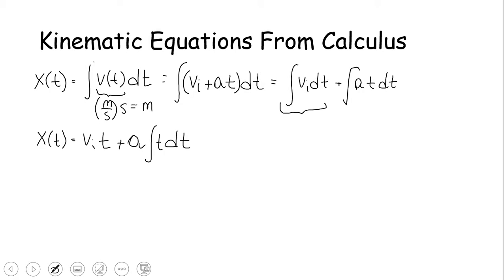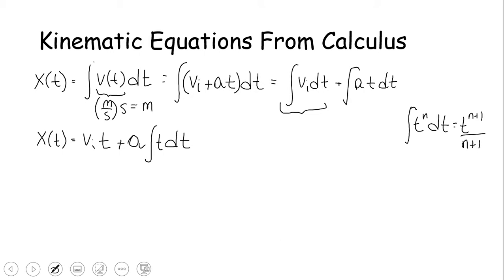Now, I know I said that you should be familiar with calculus in order to watch this video, but in case you don't remember, when you're integrating a polynomial, let's write it in terms of t to the n dt, in order to calculate this integral, you take the antiderivative, which is given by adding 1 to the exponent and then dividing the term by that exponent.